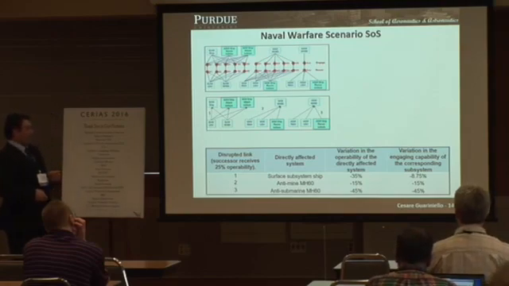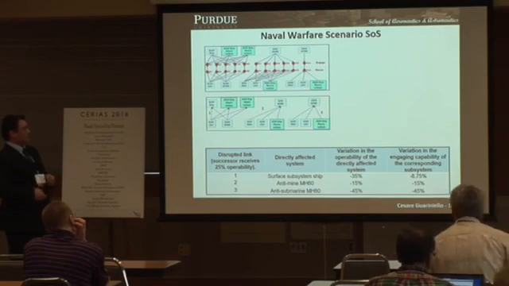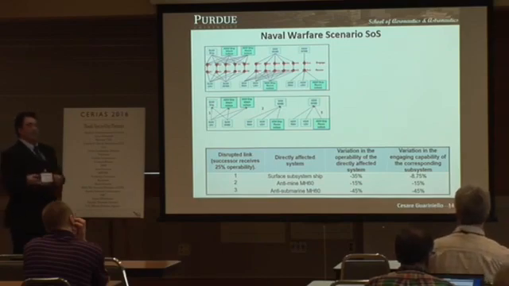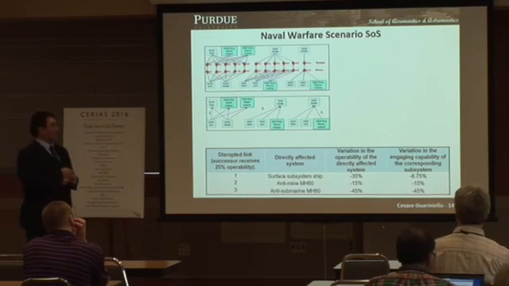Something that might not be acceptable is, for example, if we lose link number 3, we have only one system, a helicopter, that can engage the enemy submarine. If we lose this communication, we lose 45% of our capability here. That also will translate into 45% loss in our capability to engage the submarine.